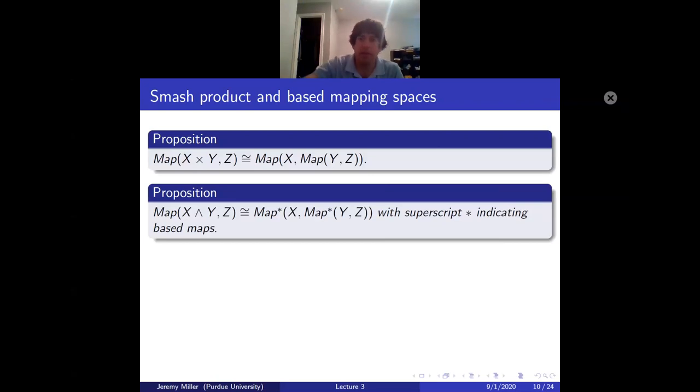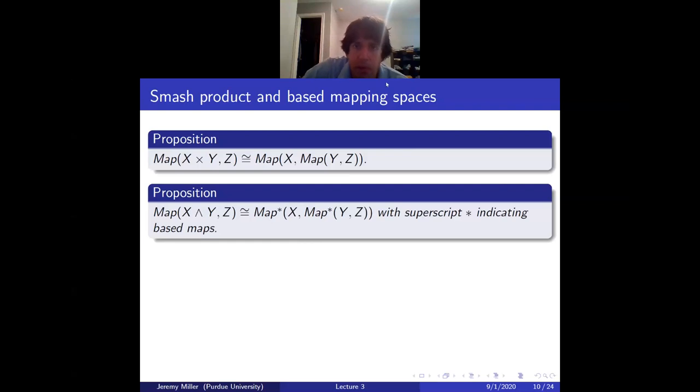So the next comment is, okay, let's say we're in base spaces. Here the star on mapping spaces indicates that all the spaces are base spaces, and we're requiring that the maps preserve base points.